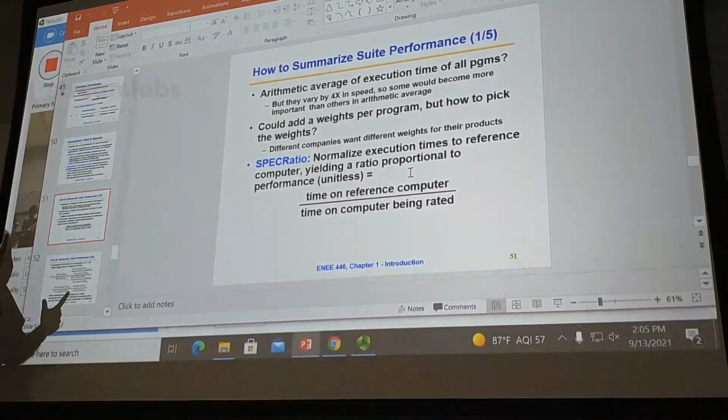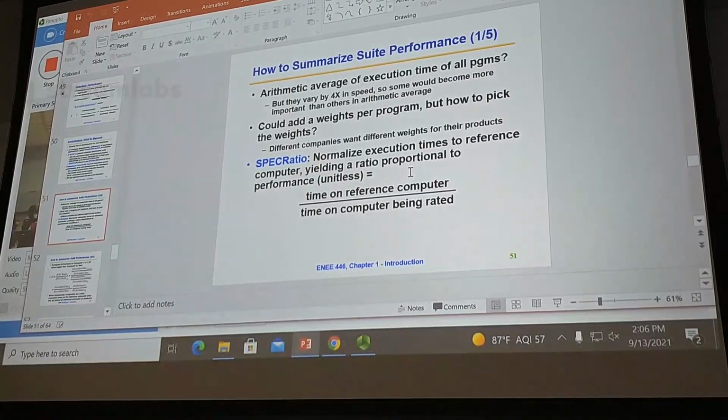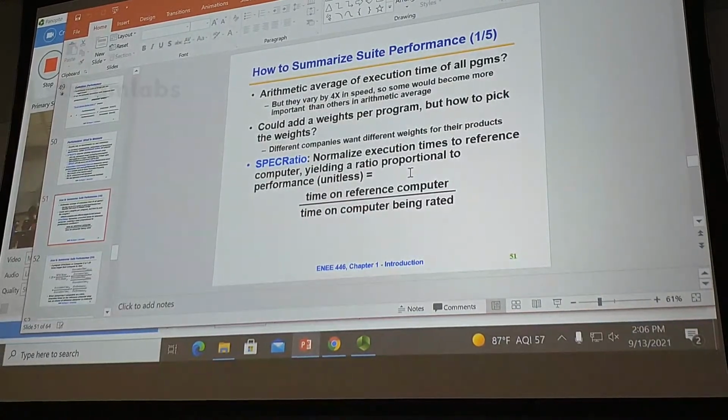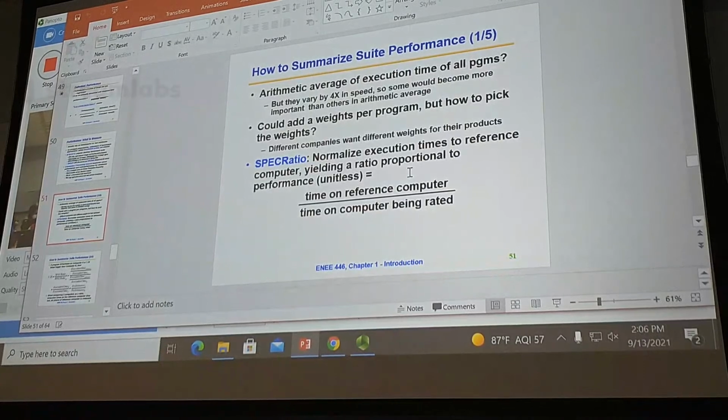Did we talk about arithmetic mean and the problem with that? Did we talk about the problem of using arithmetic mean? We did. Okay. And so it's a better idea to use geometric mean here.